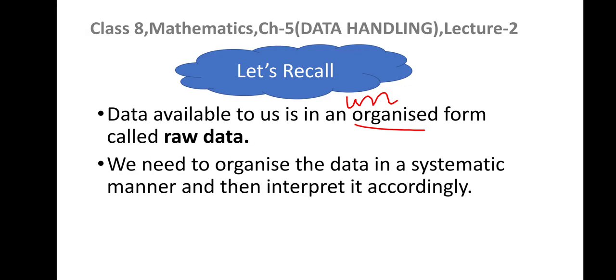Like I discussed in the previous lecture, information which is available to us, like marks scored by the students of your class in English unit test, and runs made by a batsman in the last 10 test matches, all this information is available to us in an unorganized form. This is basically raw data.